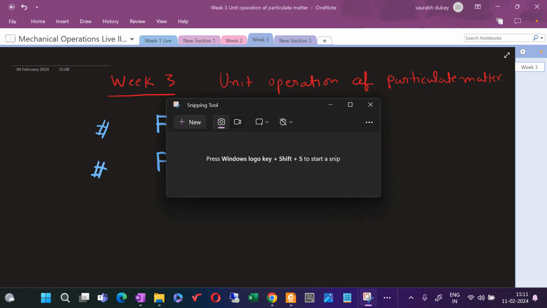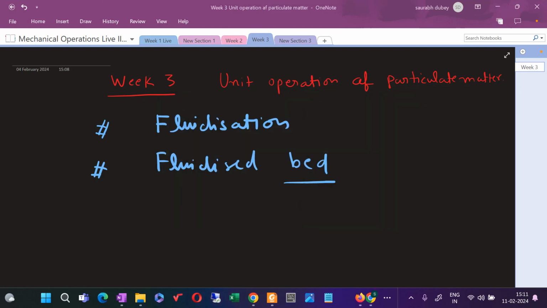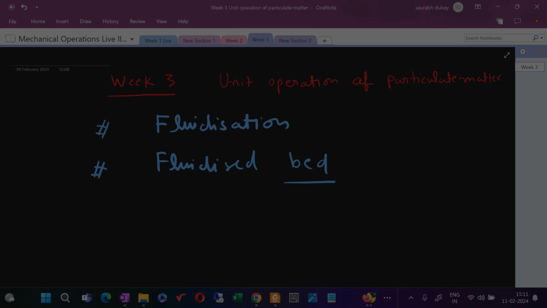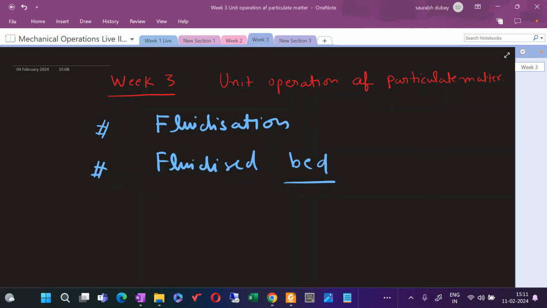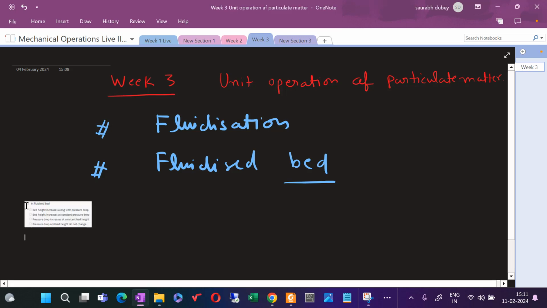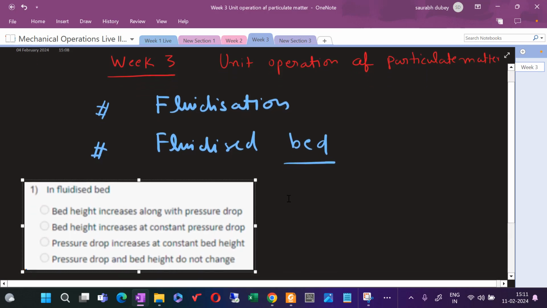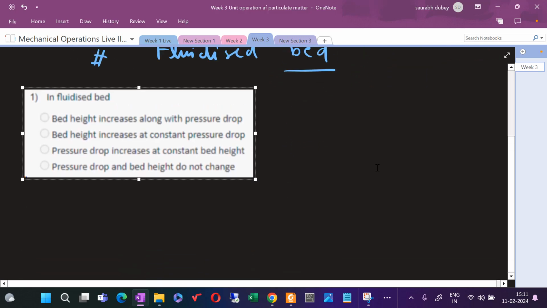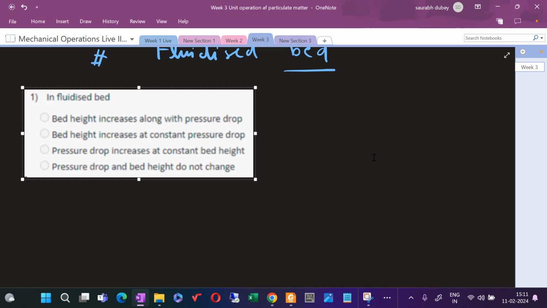The first question is about the fluidized bed. In a fluidized bed, bed height increases along with the pressure drop; bed height increases at constant pressure drop; pressure drop increases at a constant bed height; or the pressure drop and the bed height do not change.